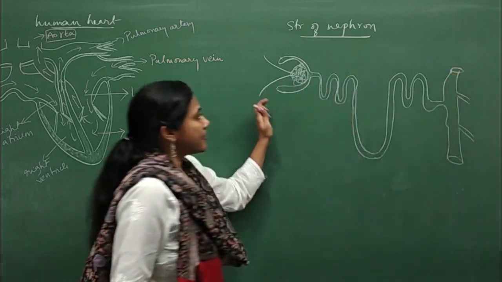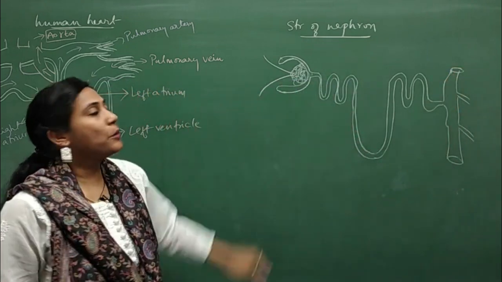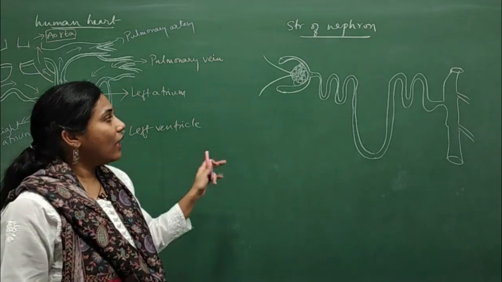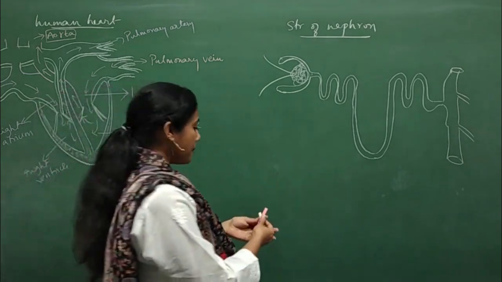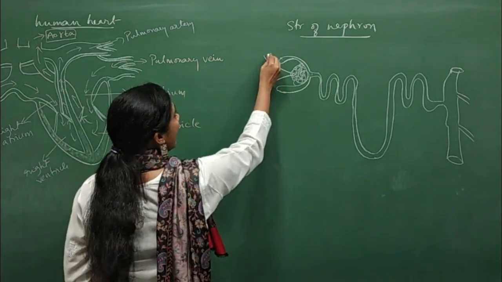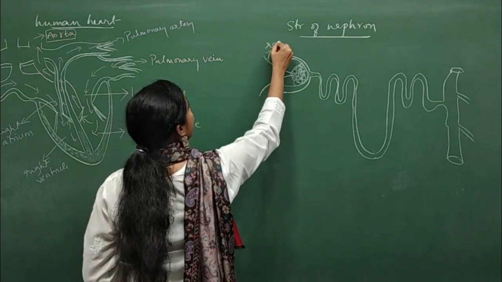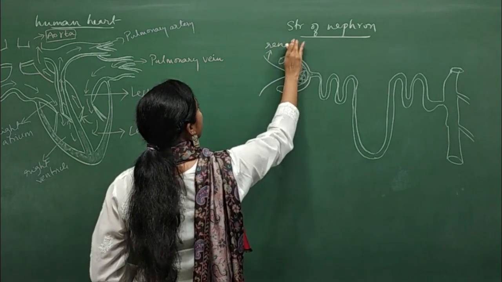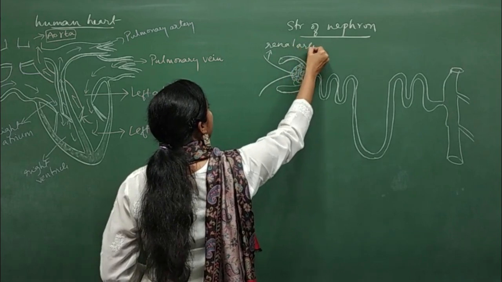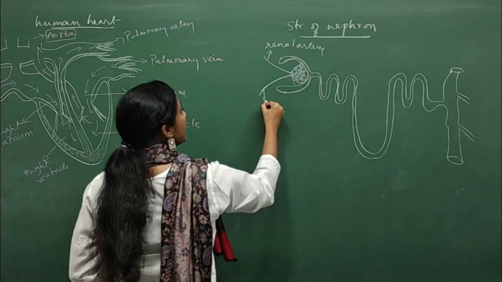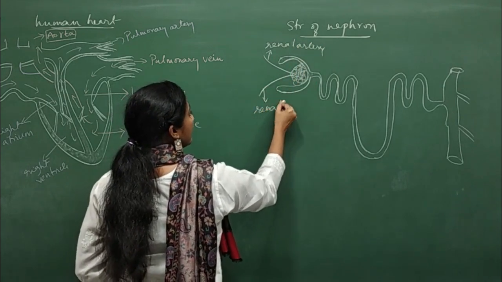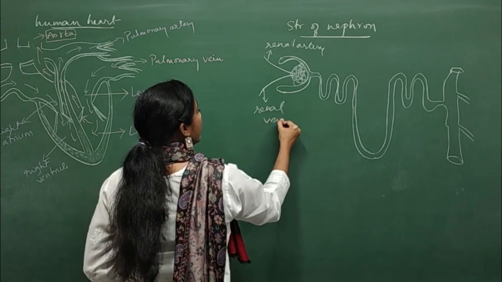That's it. This is the diagram of the nephron. And now let me label the parts. This part is called the renal artery. And this is the renal vein.